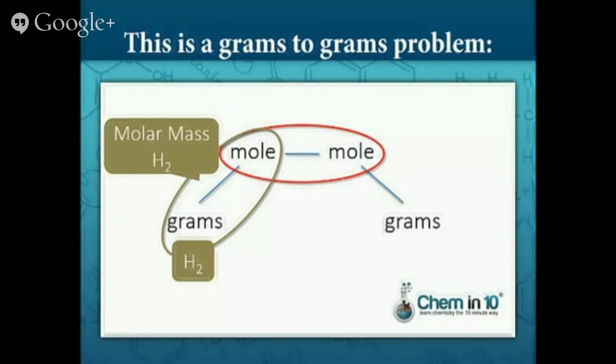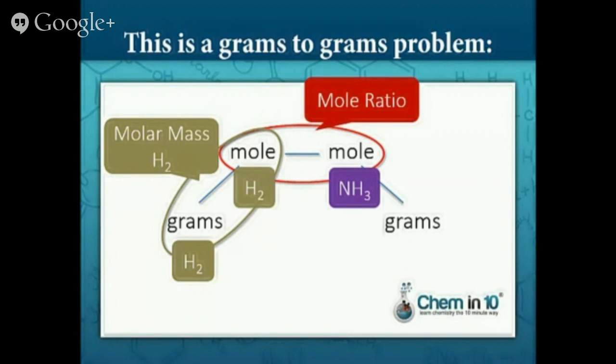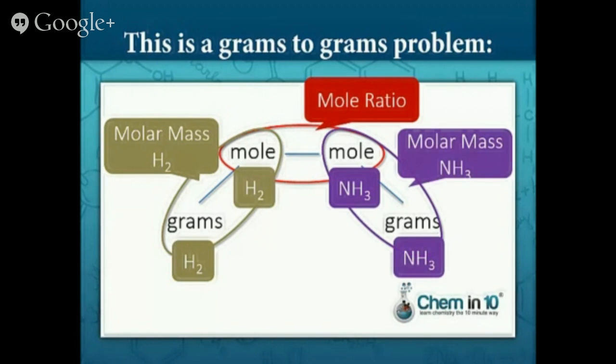And we'll do that with the molar mass of hydrogen. Then we need to go from the moles of hydrogen to the moles of ammonia. To do that, we'll need the molar ratio between hydrogen and ammonia. And then to go back to grams, we need to go from the moles of ammonia to the grams of ammonia, and we'll achieve that with the molar mass of ammonia. So that's our game plan.